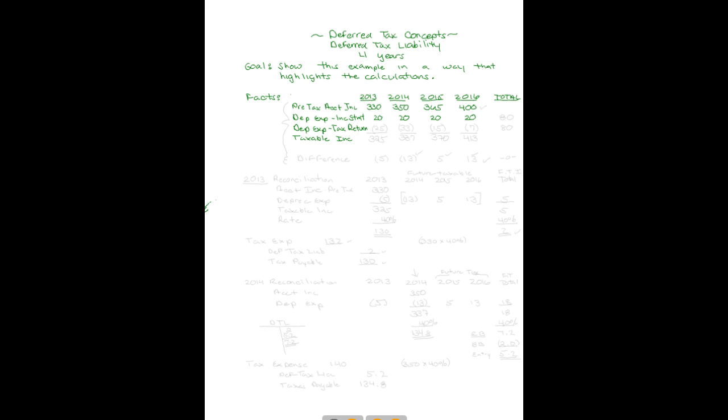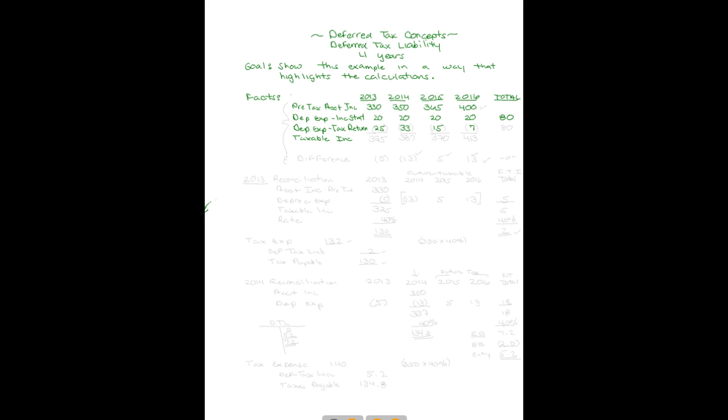And in the total life of this asset, I'm going to write off $80 worth. Depreciation taken on the tax return wasn't straight line, it was MACRS. In the first year it was 25, in the second year it was 33, the third year it was 15, and in the fourth year it was 7.